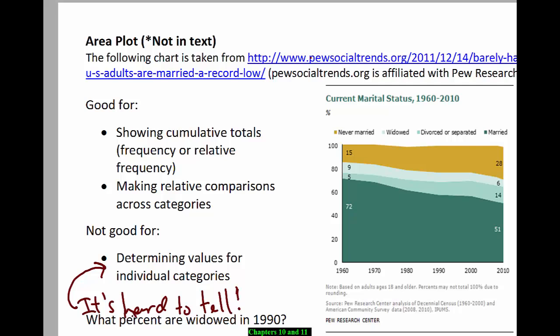Now, the next question that's coming up, which isn't showing on the screen, but it should be on your notes, is why do the numbers for 1960 add to 101? 72 plus 15 plus 9 plus 5 equals 101. Also notice that the numbers for the category 2010, 51 plus 14 is 65, plus 6 is 71, plus 28 gives us 99.